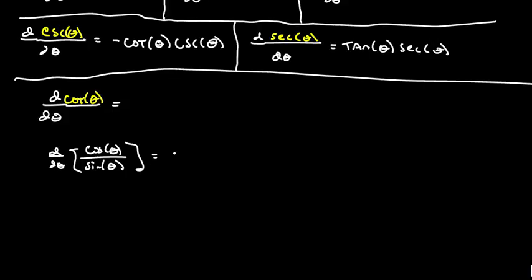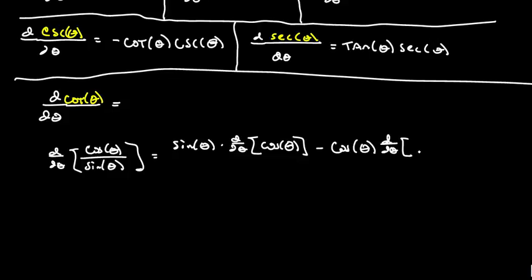So this is the low, d high, minus the high, d low, all over the low squared.